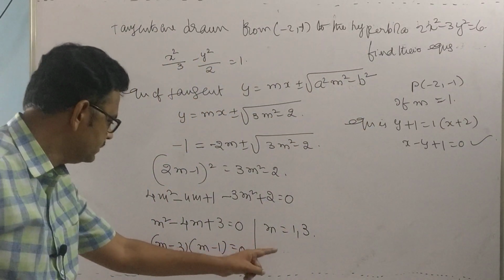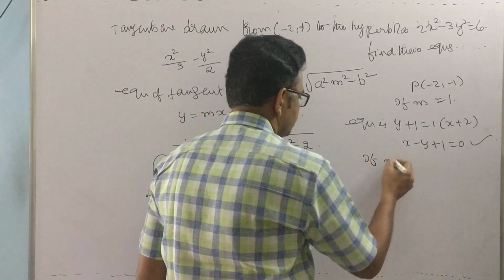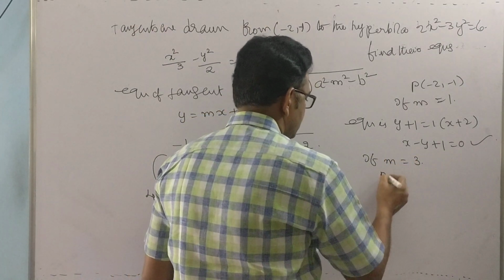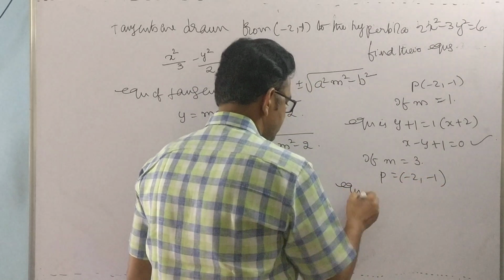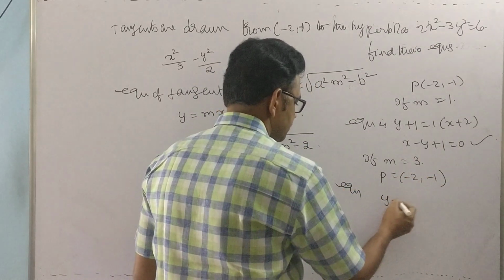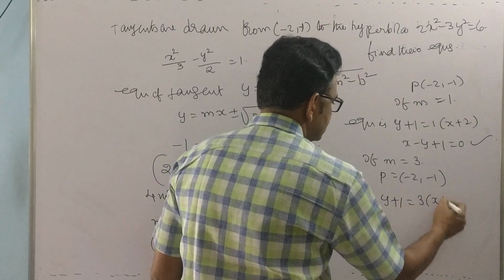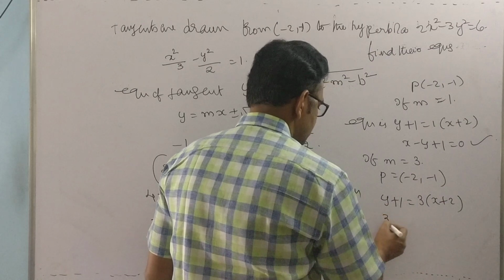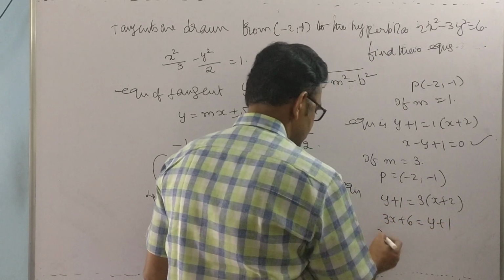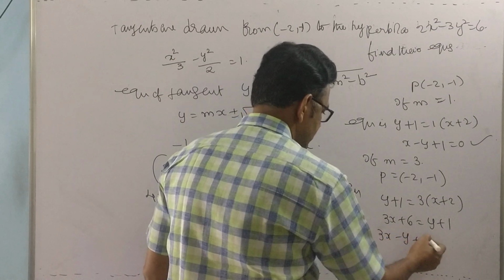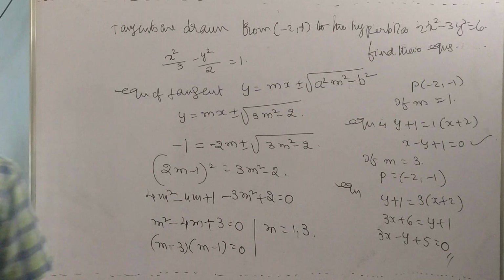If m is equal to 3 and the point is (-2, -1), again the equation of tangent is y - y1 = m(x - x1). So 3x + 6 = y + 1, that is 3x - y + 5 = 0. So these are the equations of tangents.